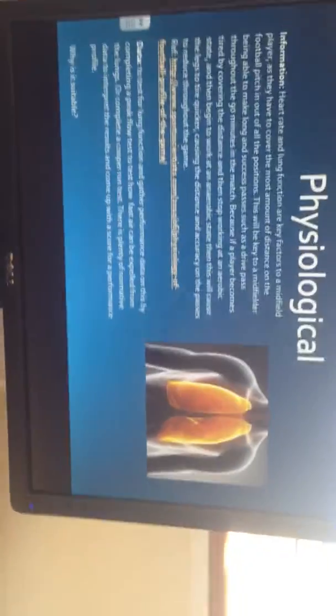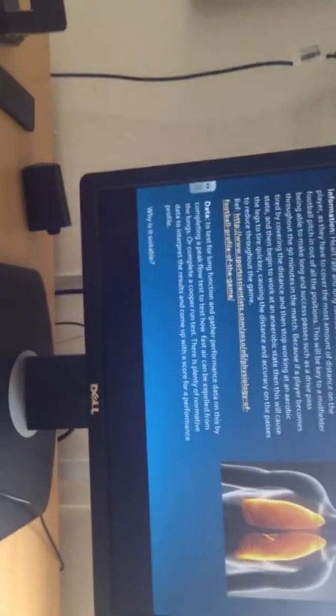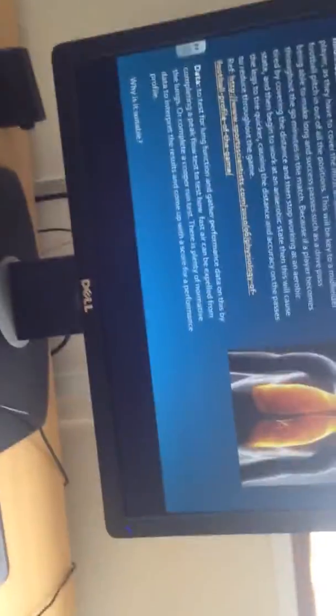As I've said, with the data to test for lung function, we can gather performance data. We can get them to complete a peak flow test or a spirometer test. Peak flow test will see how fast the air can be expelled from the lungs. Spirometer will test the air taken in within the lungs and the amount of air expelled at one time.